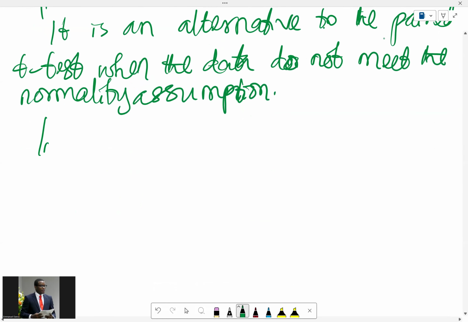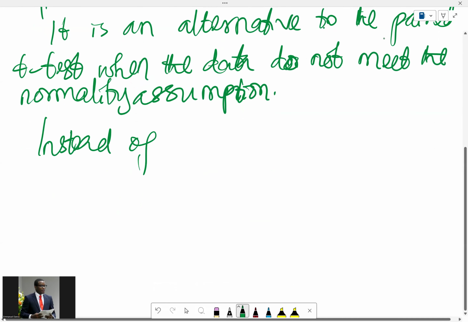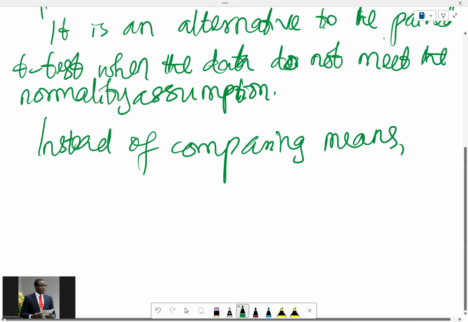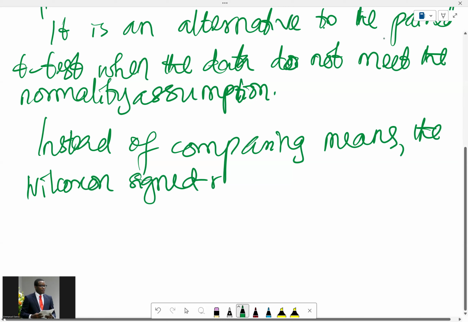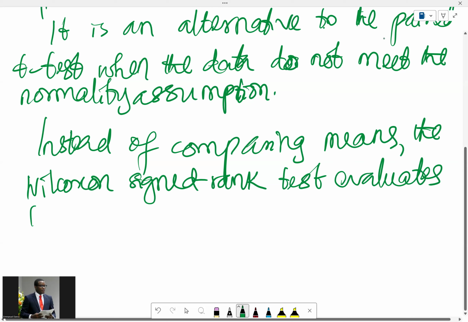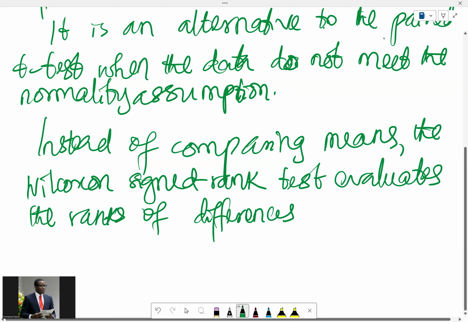Now, instead of comparing means, the Wilcoxon signed-rank test, so it's rank that is signed, actually evaluates the ranks of differences between pairs of observations.